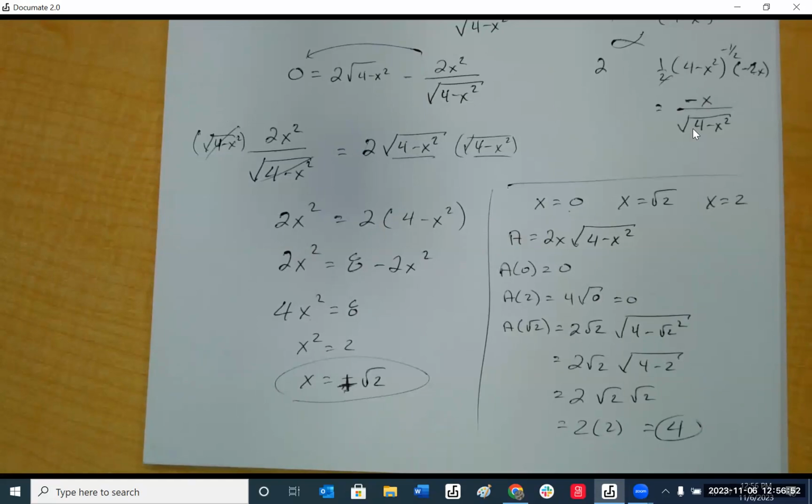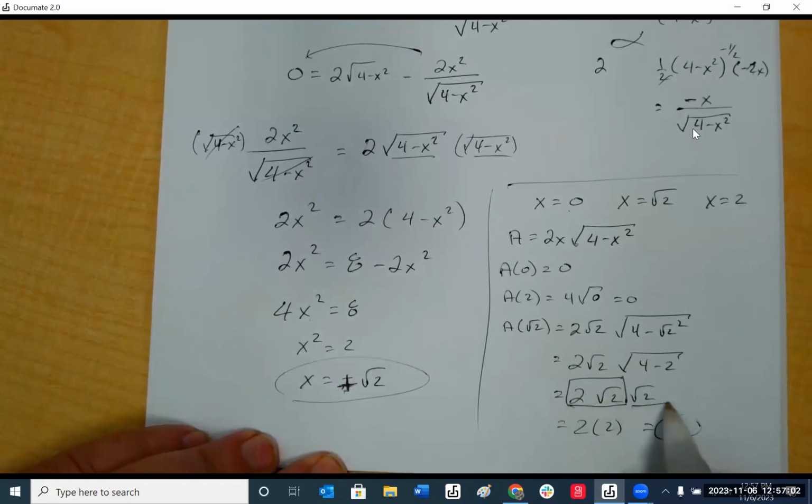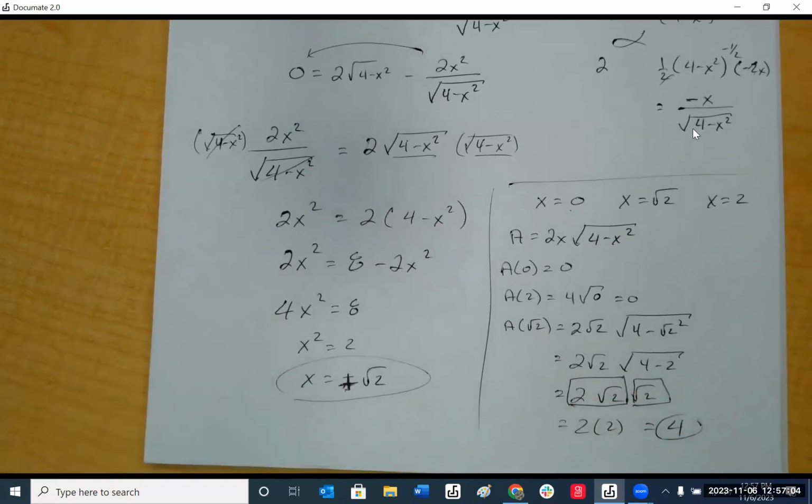Well, it's looking for a rectangle, right? So this is the area. It's going to be this times this. This is the base, and that's the height.